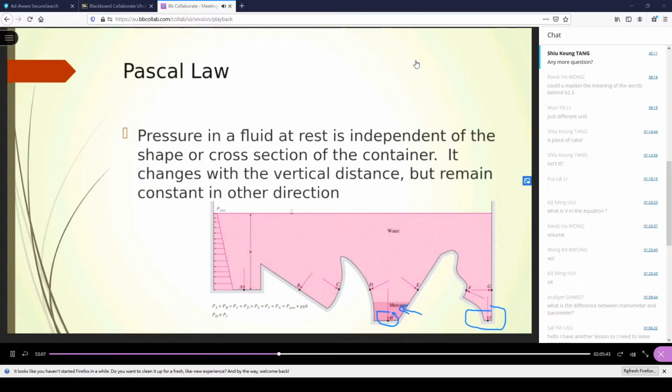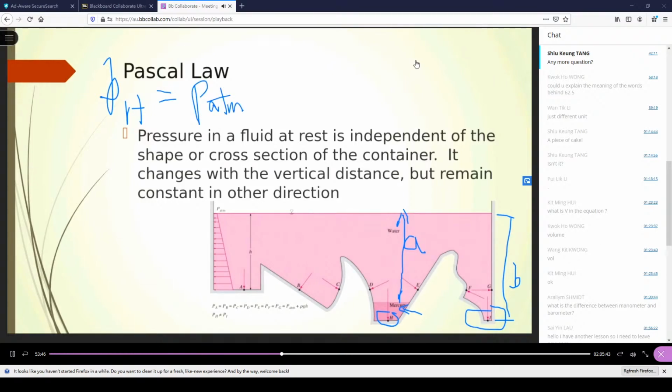So what this is telling you is, suppose this is A, and this is B. If you use the hydrostatic equations, the pressure at H will be equal to the atmospheric pressure.